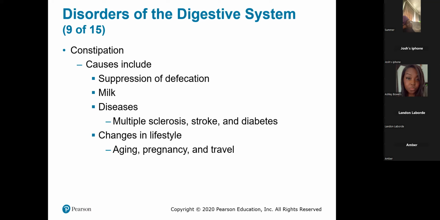And then certain disease states, as mentioned previously with the diarrhea, can exacerbate constipation, such as multiple sclerosis, stroke, and even diabetes, which, if you recall, was also listed under diarrhea. So then poor diabetics are just all over the place. Changes in lifestyle can also exacerbate constipation.